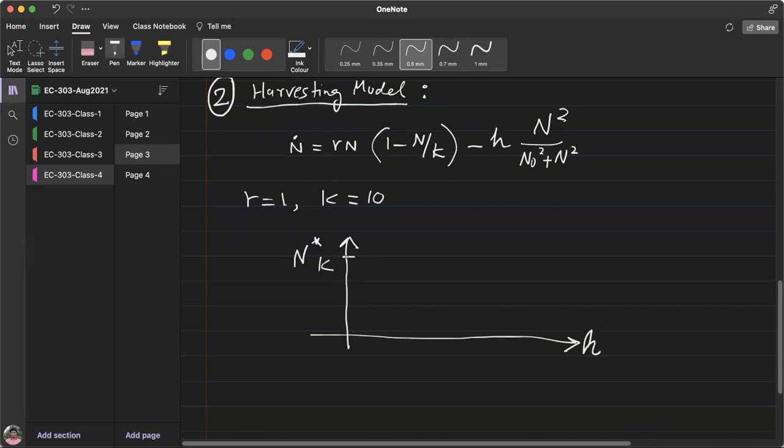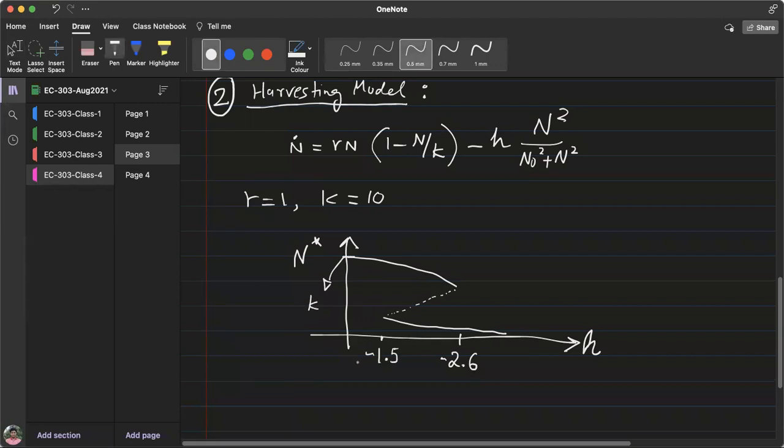This is K. Now I think this value is close to 2.6 approximately, and this is close to around 1.5. Is that right? Does anyone remember these numbers? Think of them as approximate numbers.